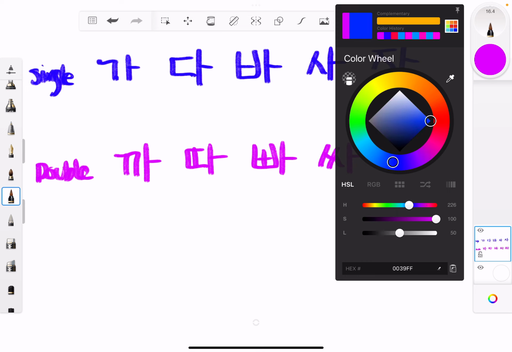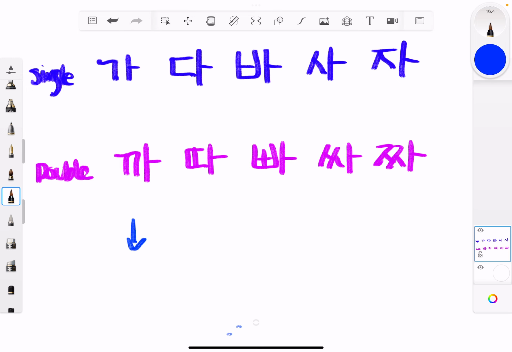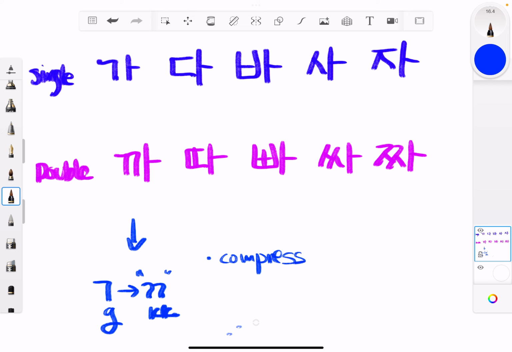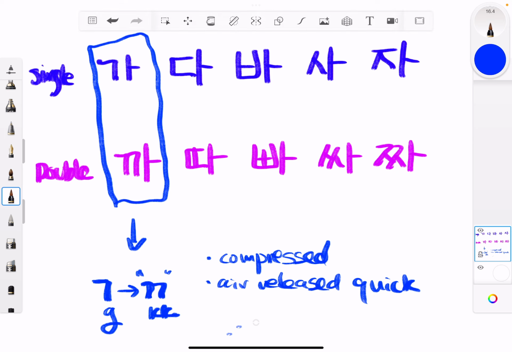So this g sound goes to g. When it goes from g to g, it sounds very compressed. Air released quicker. Okay? So you're going from g to g. Let's put this in practice. Let's just go over these two for now.